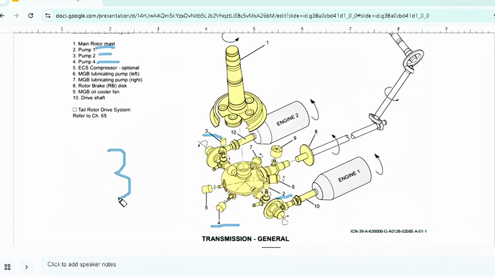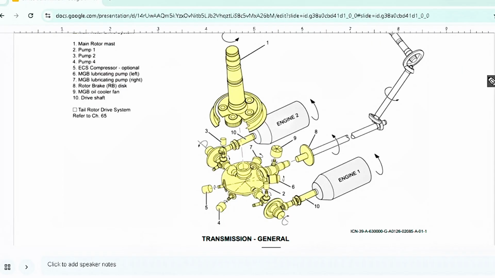As we know, pump number 3 is an electrical pump which is installed on the upper head of the aircraft, not mentioned here. Pump 3 is separately installed, just like this, in the forward position of all this system. The purpose of pump 3 is to perform ground checks only. Pump 3 will not work when the helicopter is in air.